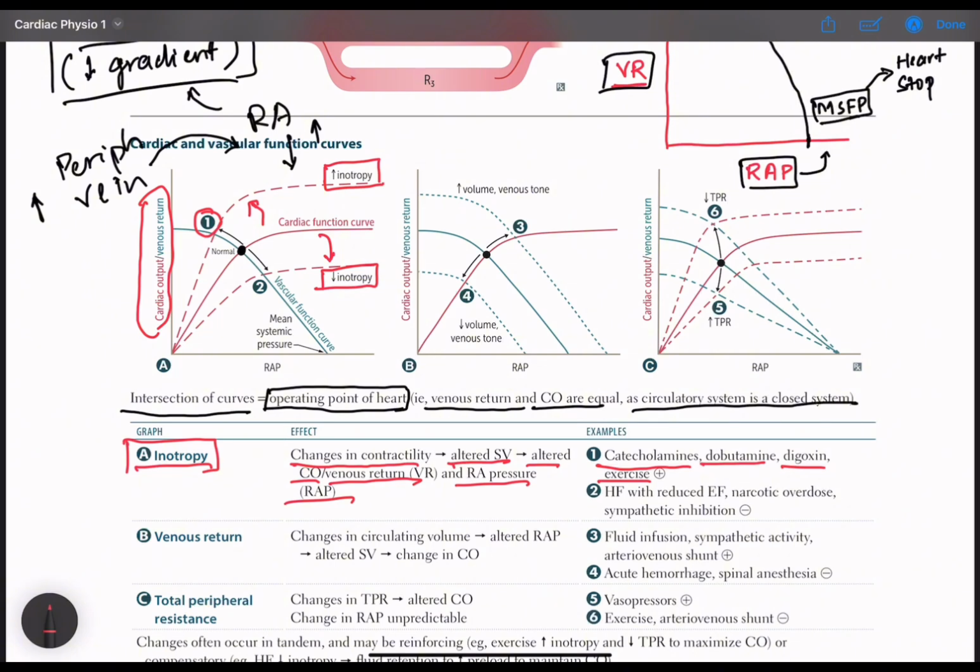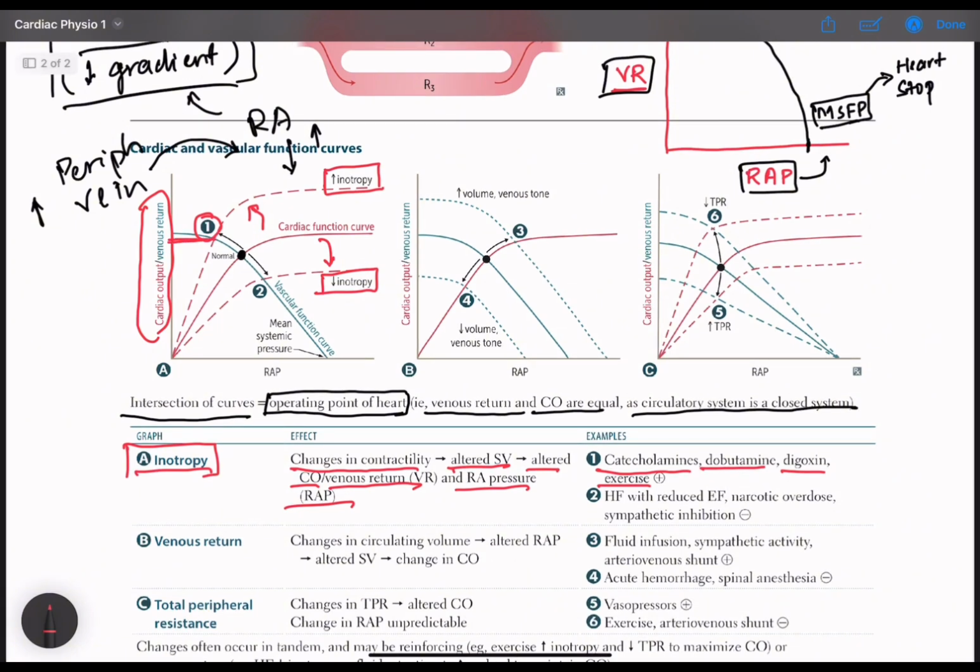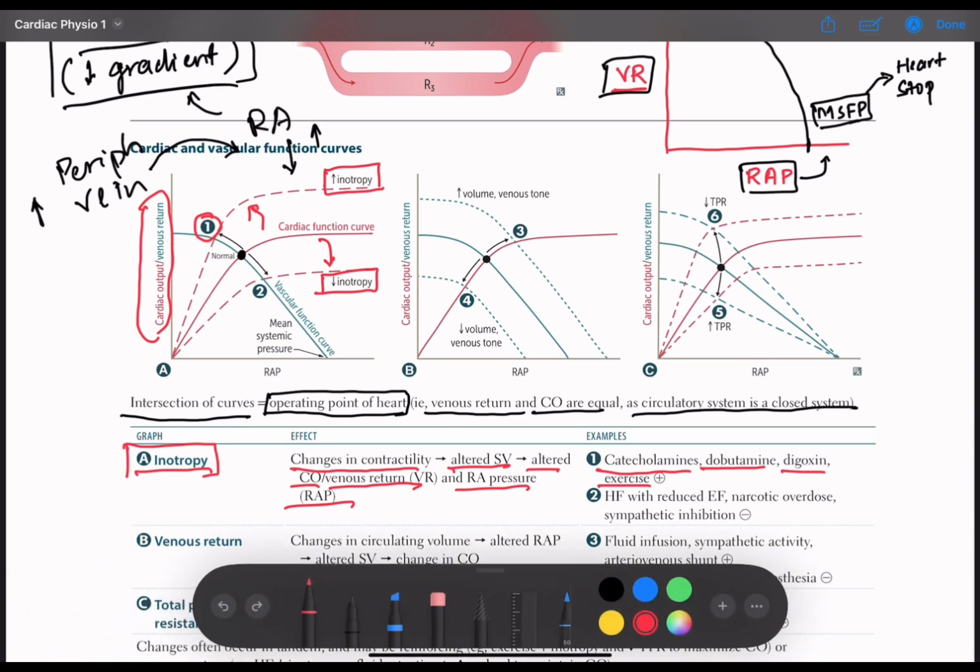So what does it mean? It means that we have increased venous return and cardiac output for a given right atrial pressure. This means that little blood is left within the heart, and the heart pumps a greater amount of the blood reaching the heart.